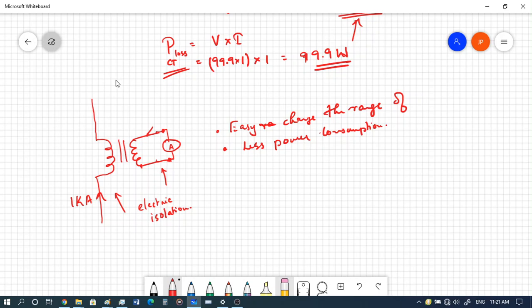So these are the main advantages of CT, and the same goes with PT as well, because in PT also there is a transformer, because of which you don't have to get in contact with the primary circuit. You can let the primary circuit work on its own, and you can do all the work on the secondary circuit.